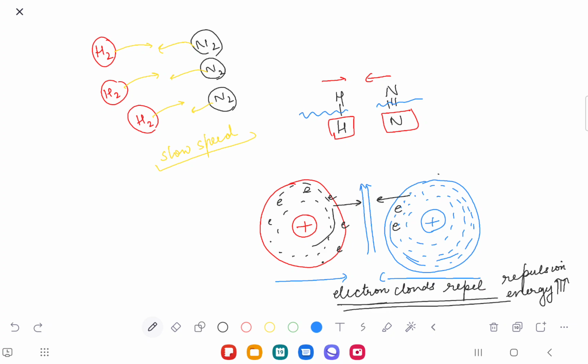Because if they collide very strongly, then they would come so fast towards each other. And when they come so fast towards each other, what would that mean? Tell me. The increase in energy would be very, very high. You understand? So that's the concept.